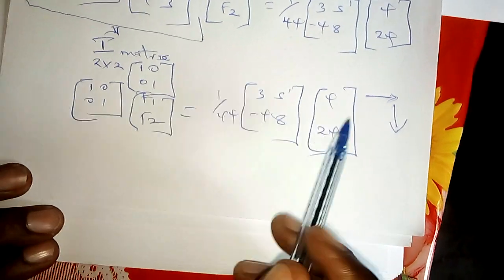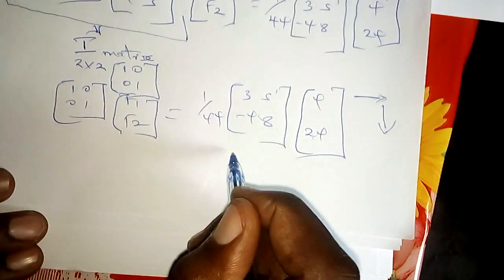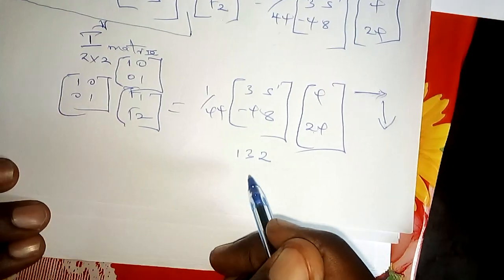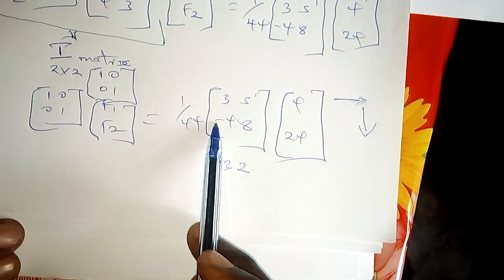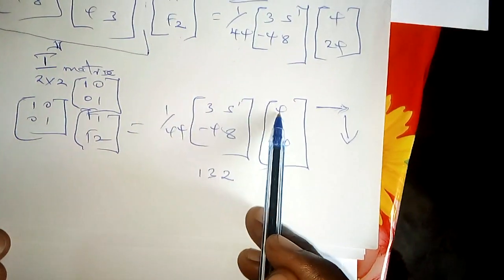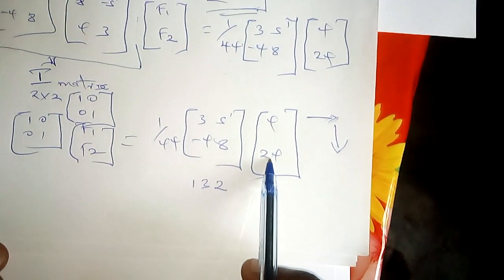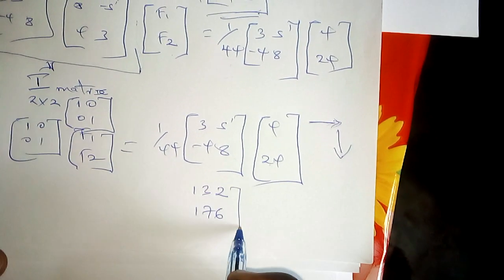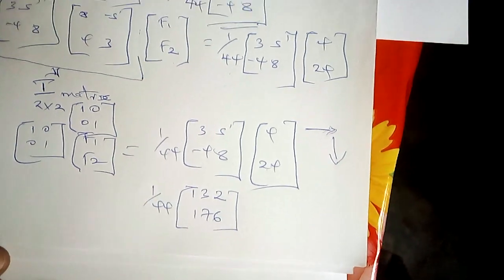If you take this by this plus this by this, it becomes 132 here. And what about the second one? When you take the second row, negative 4 multiplied by 4, then plus 8 by 24, it becomes 176. And this is multiplied by 1/44.